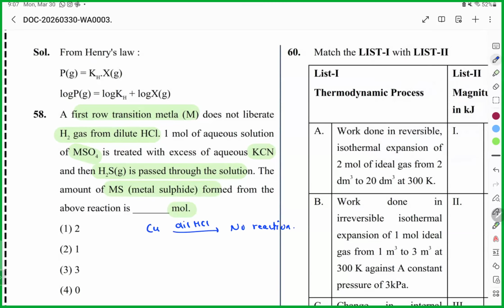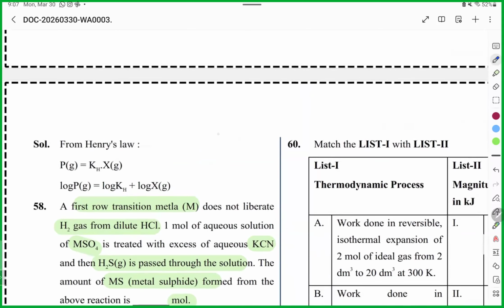Because all other elements in the electrochemical series lie above hydrogen. Then hydrogen, then copper, Ag, platinum, fluorine lie below. Zinc, nickel, cobalt, iron, all lie above.